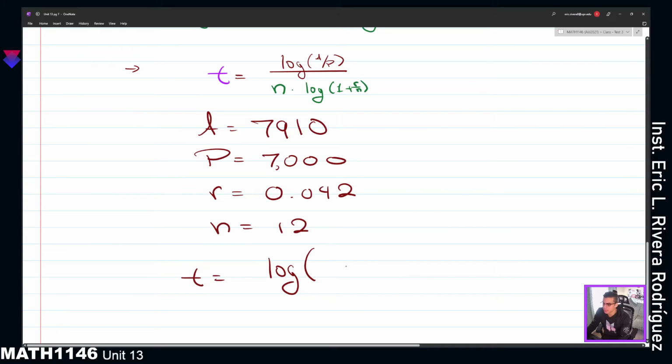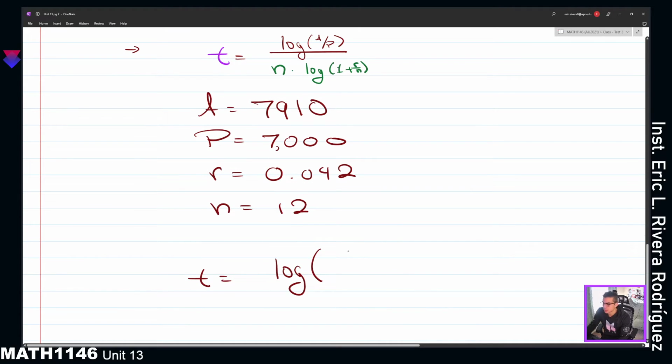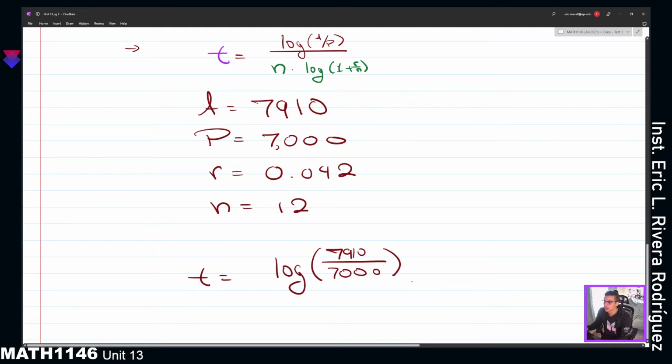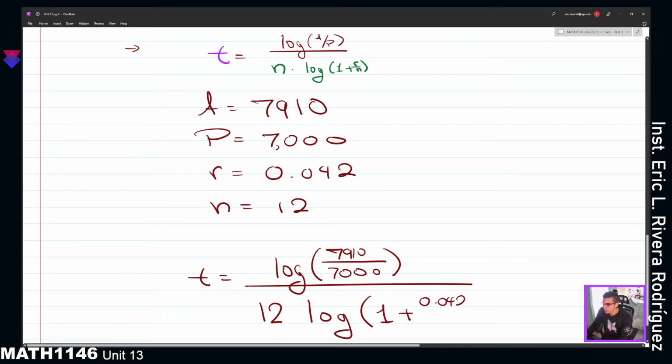So it will be 7,910 divided by 7,000, divided by 12 times log of 1 plus 0.042 divided by 12.